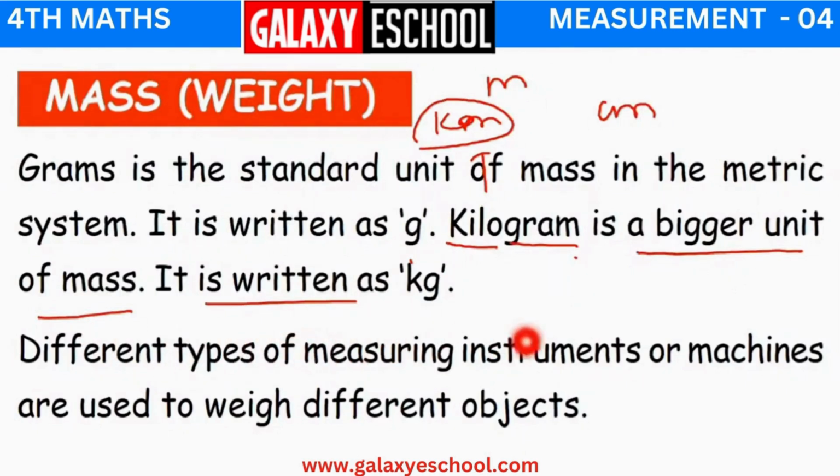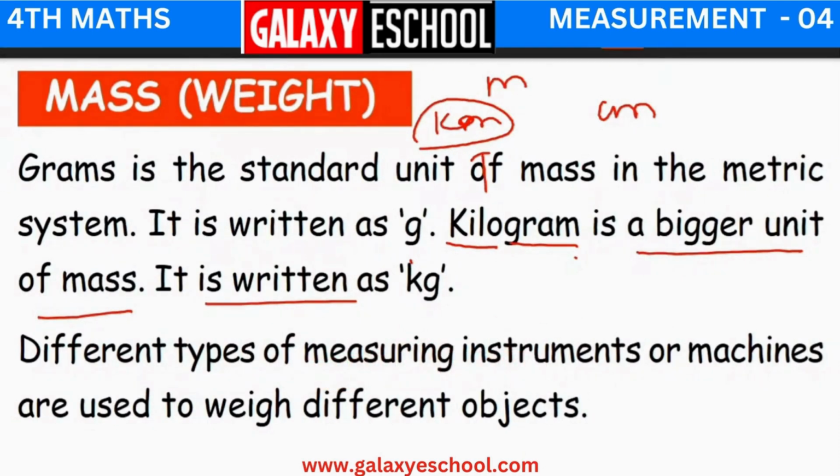Different types of measuring instruments or machines are used to weigh different objects. Weigh means to find out the weight. To find out the weight of different objects, what do we use? We use different types of measuring instruments or machines.